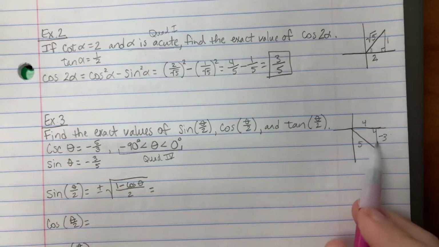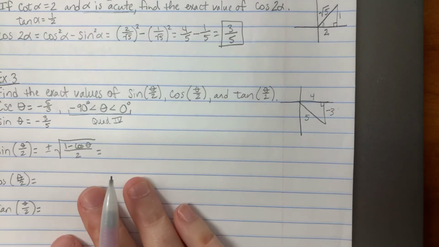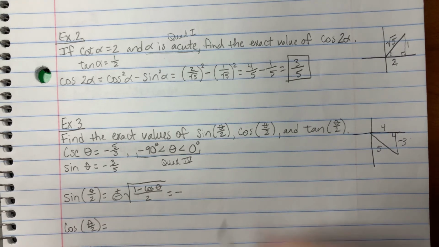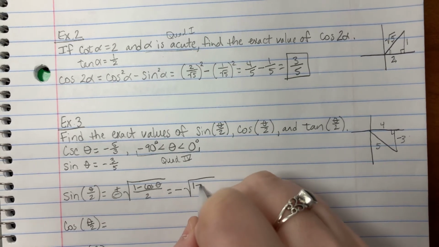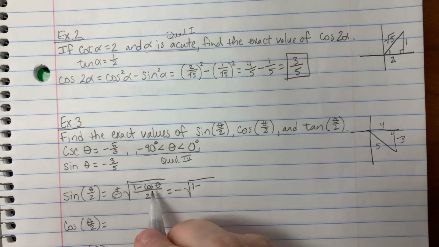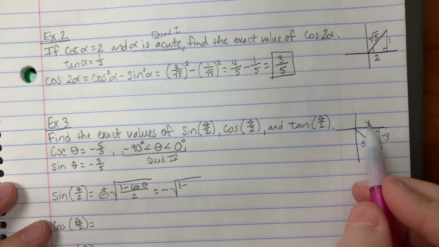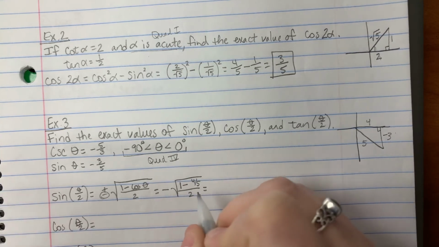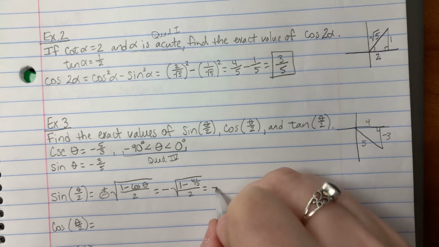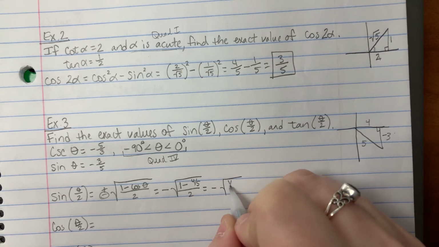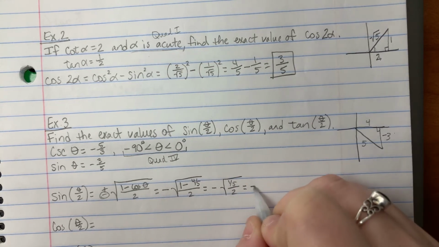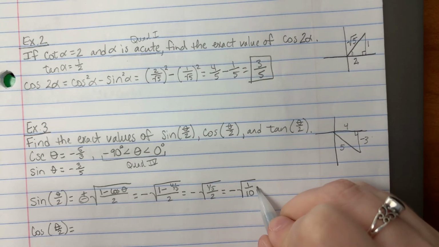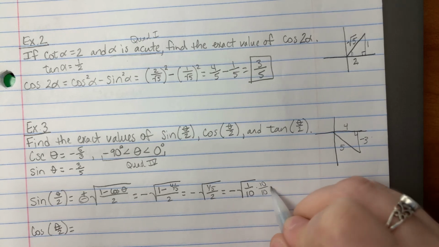In this case, I know that my sine value is negative, so I'm going to only have to worry about the negative one here. 1 minus the cosine of theta. In this case, the cosine of theta would be 4 over 5. Okay, so that gives me a negative square root of 1/5 divided by 2, which is really negative square root of 1/10. So I'm going to multiply by 10 over 10 and see what I get here.